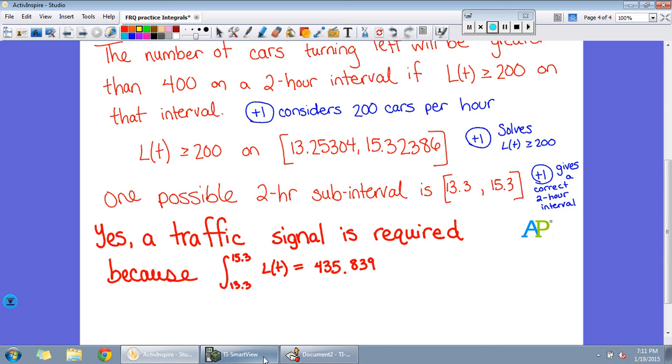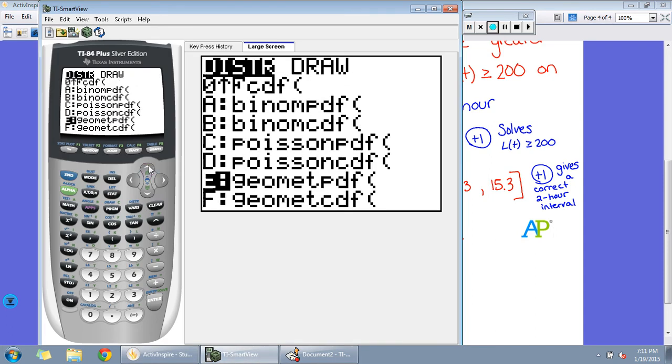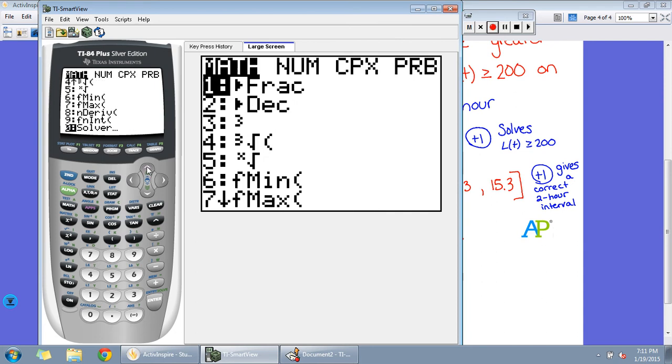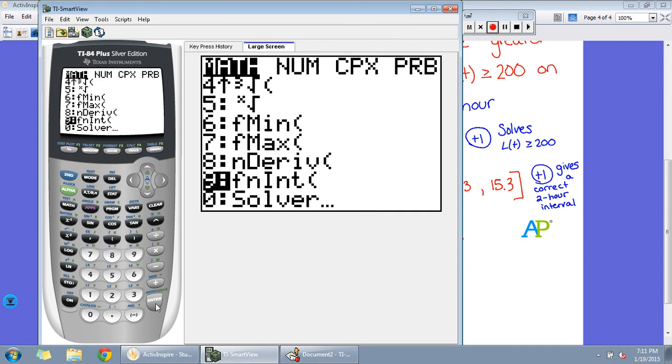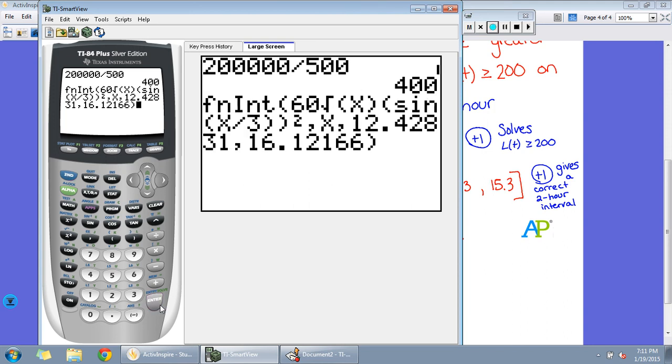and we can do that by integrating on our calculator. Let's do this actually. And we're going to integrate from 13.3 to 15.3, close, delete everything else, and press enter.